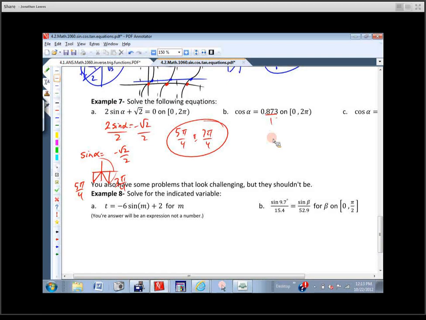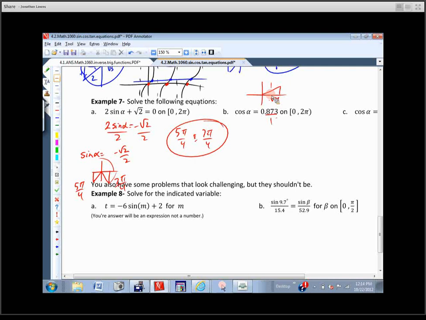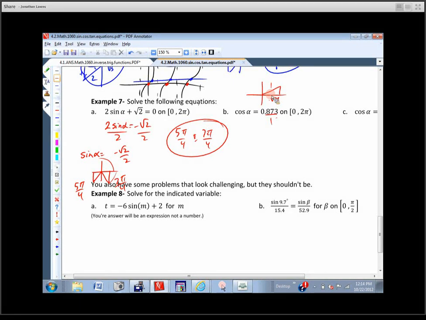If I put that over 1, that means the adjacent side is pretty darn big in comparison with the hypotenuse. That means we're looking for an answer where this is 0.873 and that's 1. So we're looking for a pretty small decimal number to come out of our calculator. Remember, our calculator is going to give us answers up here because we're using cosine inverse. And then we've got to use our brain to figure out this stuff down here.